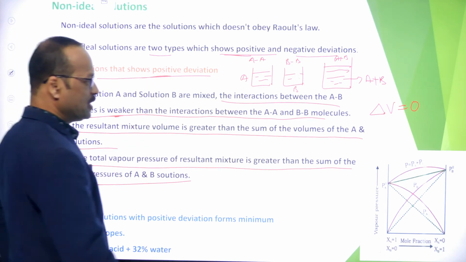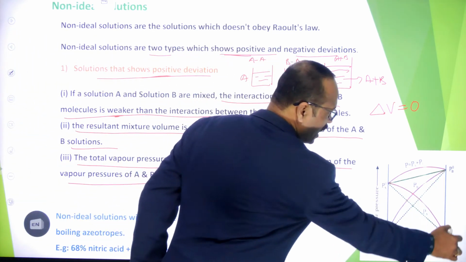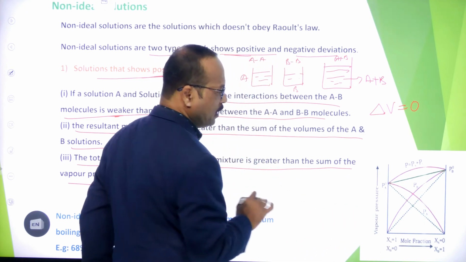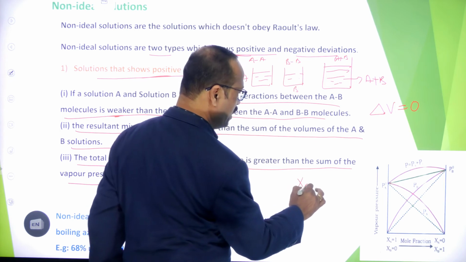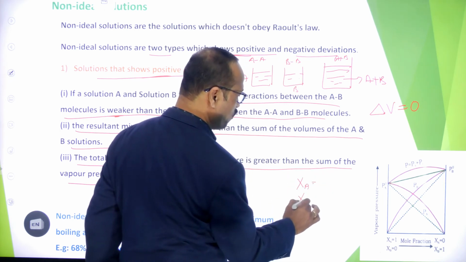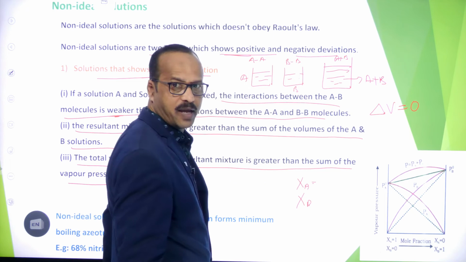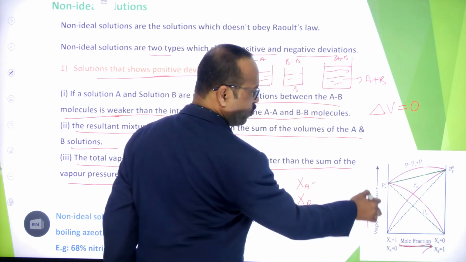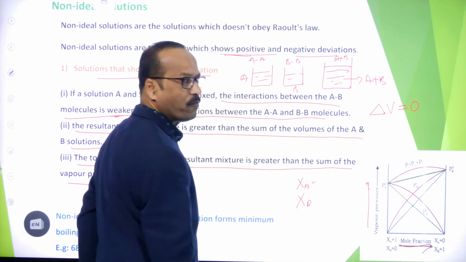For example, you see this graph, students. We are taking two liquids, A and B. The mole fraction of A is denoted by XA, and the mole fraction of B is denoted by XB. On the x-axis we are taking the mole fraction and on the y-axis the vapor pressure.